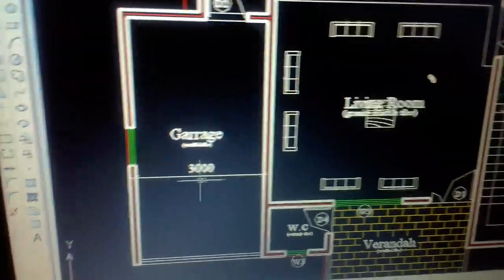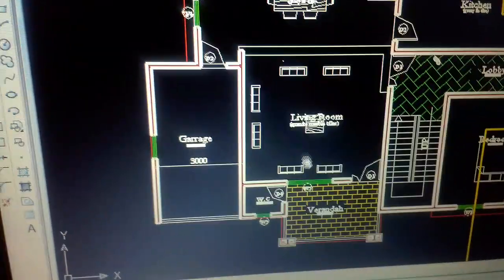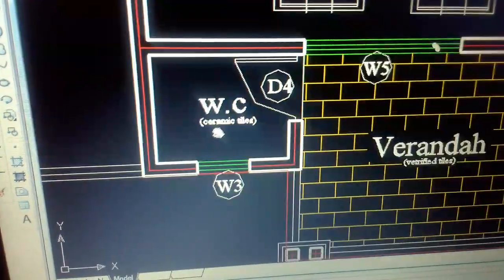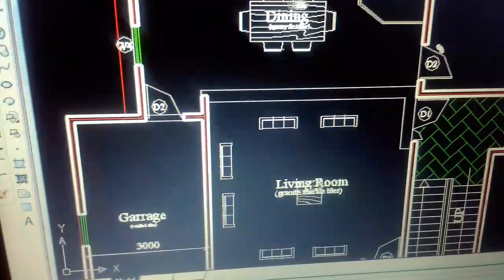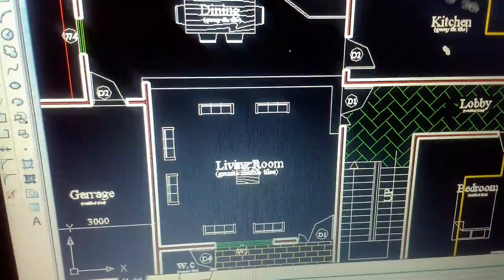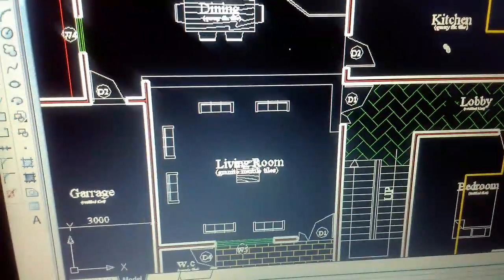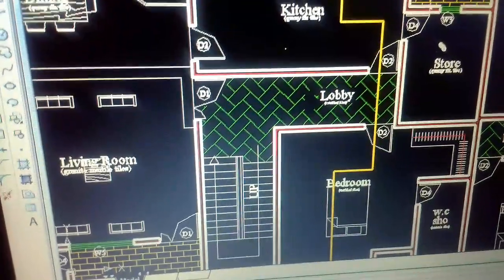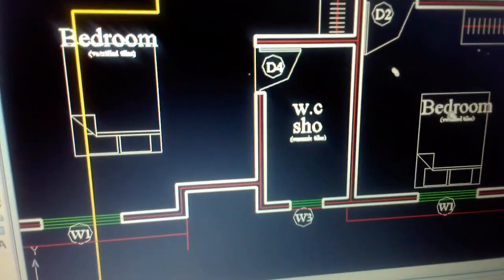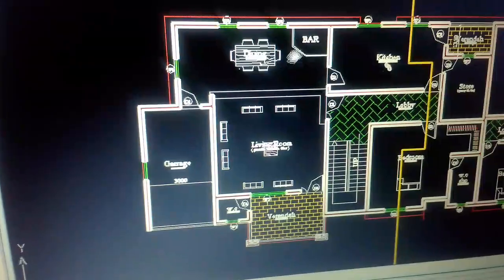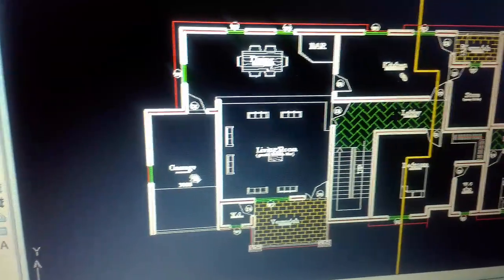So I don't know the dimension of the living room, the veranda, the toilet, the dining, the bar, the kitchen, the store, this other living room, the other toilet, the other kitchen, this bedroom, or this toilet. It has only the dimension of the garage.